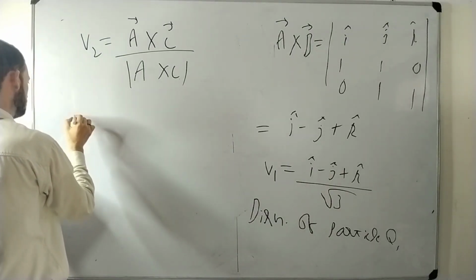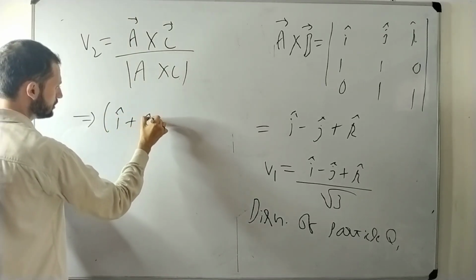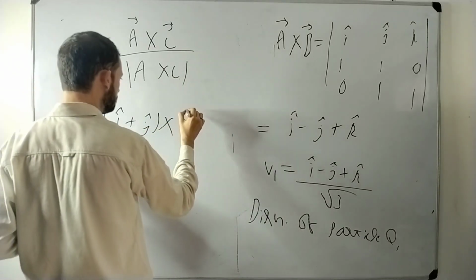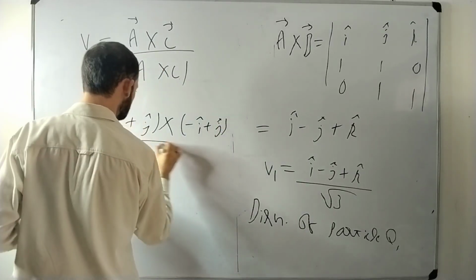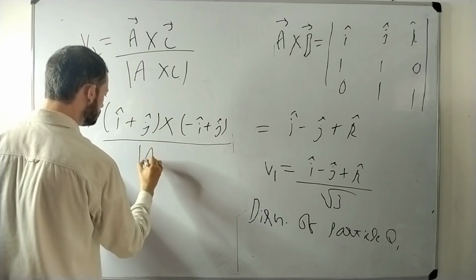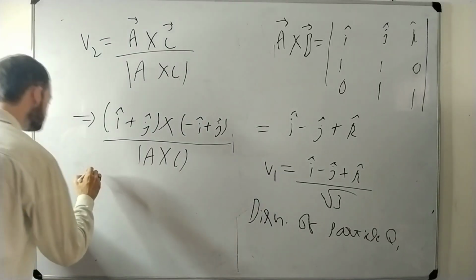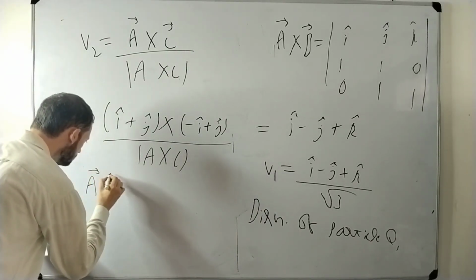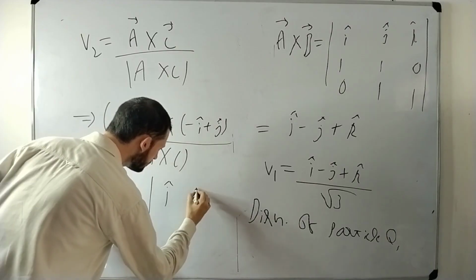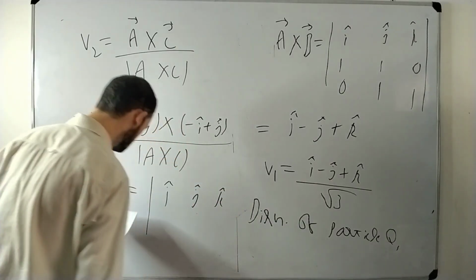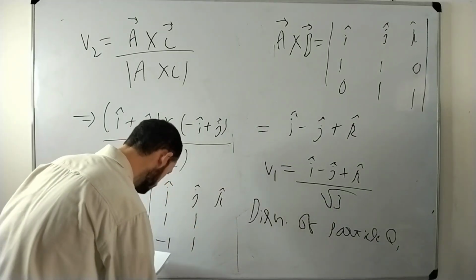This comes out to be, sir, what? Students, I plus J, and this cross minus I plus J, and this is A cross C. I, J, K cap, 1, 1, 0 and minus 1, 1, 0.